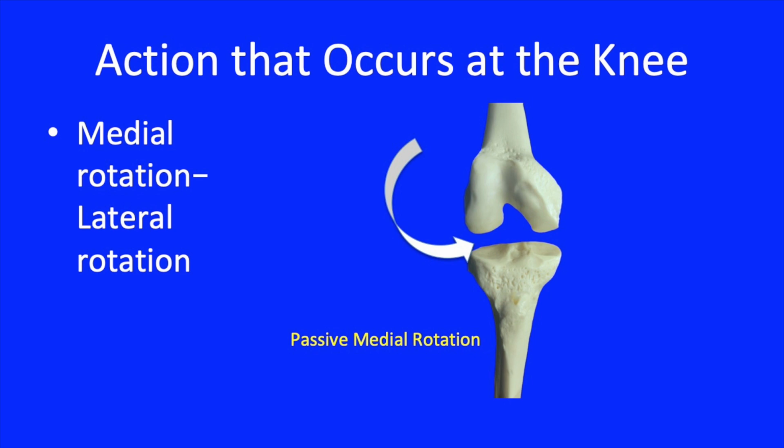At the same time, due to the configuration of the rounded femoral condyles articulating with the saucer-shaped tibial condyles, the femur passively turns medially on the tibia. Thus, it is said that one form of medial rotation that occurs at the knee joint is a passive medial rotation, a rotation that occurs simply by the configuration of the four condyles making up the joint.